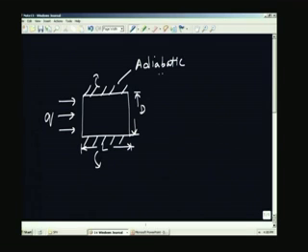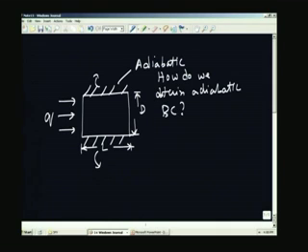How do we guarantee this? How do we obtain adiabatic boundary condition? That is the major problem. Of course, one could say that you insulate it on the side. Of course, the insulation will have some thermal conductivity and some amount of heat loss.